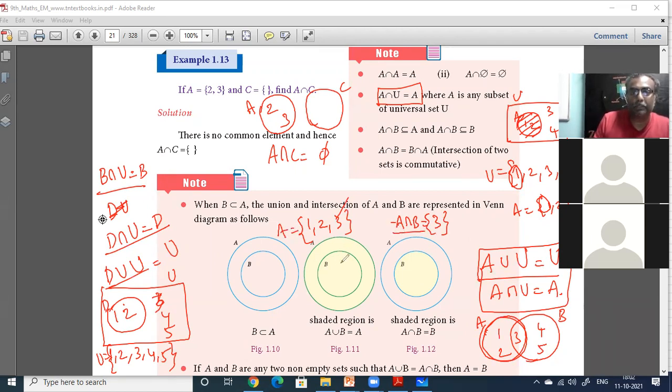So A intersection B is always a subset of A. Same way, A intersection B is also always a subset of B. So both these things are true. B is equal to 3, 4, 5. A intersection B is equal to 3. So this set is a subset of 3, 4, 5 because it has only one element. So this is also true.